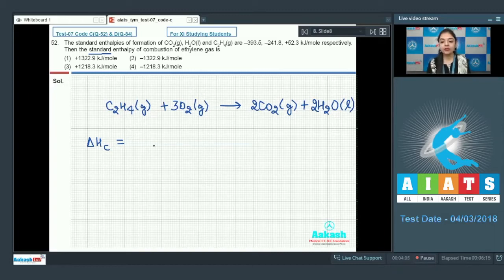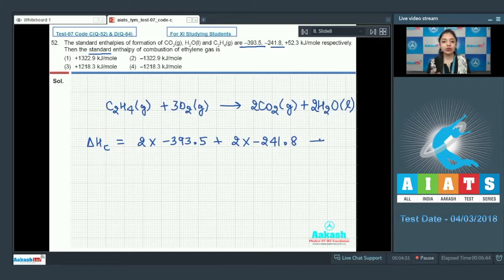So in the products we have CO2 and water, so it will be 2 into delta H formation of carbon dioxide, which is equal to minus 393.5, plus 2 into delta H formation of water liquid, so it is minus 241.8.